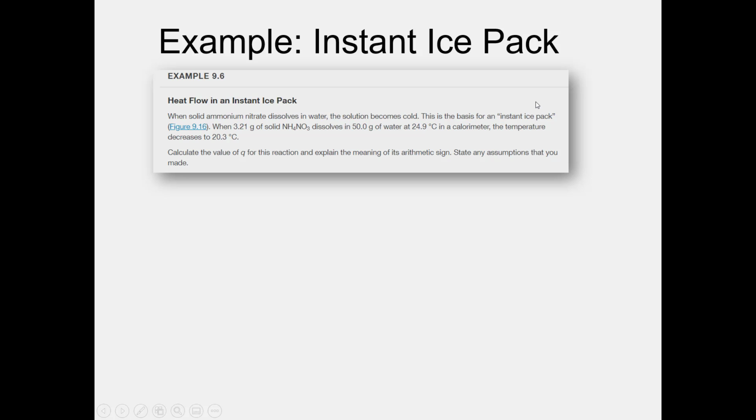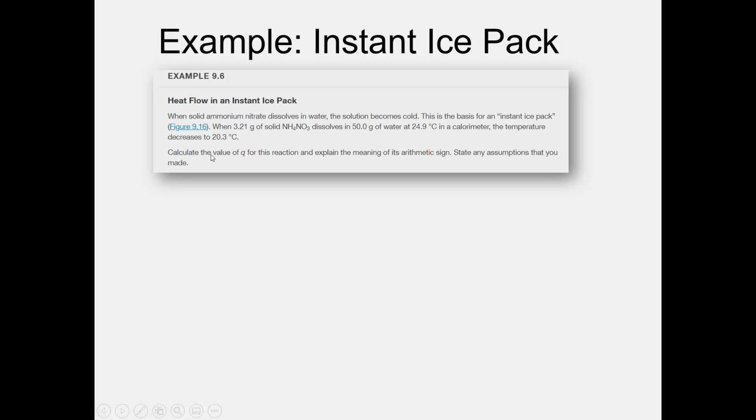The question we want to deal with, example 9.6, is when this solid ammonium nitrate dissolves in water, the solution becomes cold. This is the basis for an instant ice pack. When 3.21 grams of solid ammonium nitrate dissolves in 50 grams of water at 24.9 degrees Celsius in a calorimeter, the temperature inside the calorimeter then decreases to 20.3 degrees Celsius.